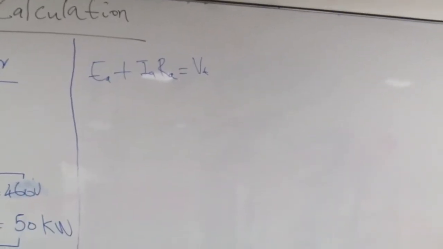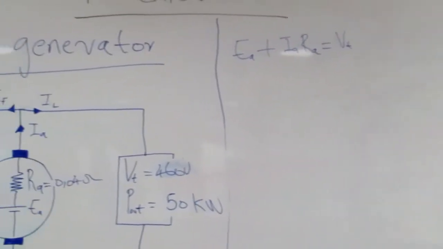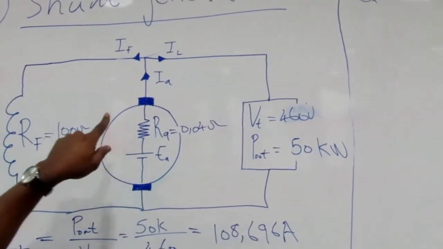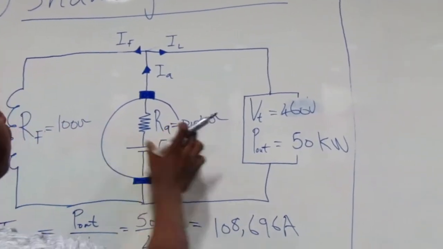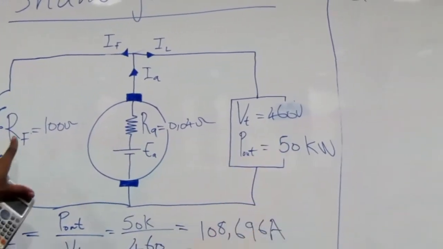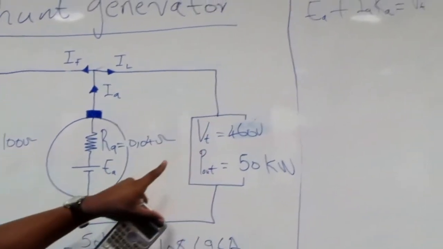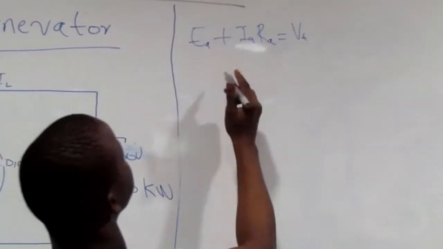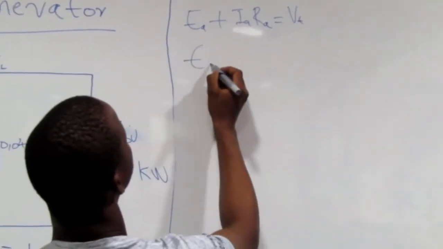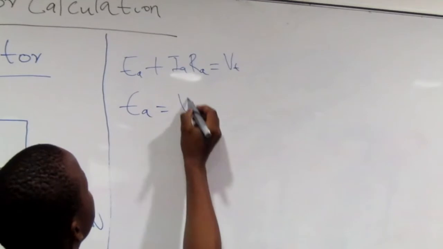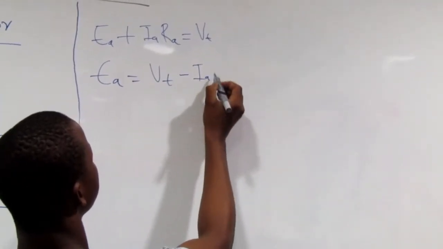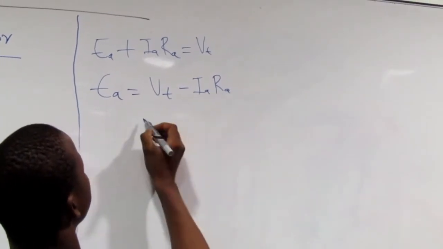Why? Since this is our source, this RA is in series with this parallel branch of RF and R load. So we make EA the subject of the formula. EA is equal to VT plus IA RA.